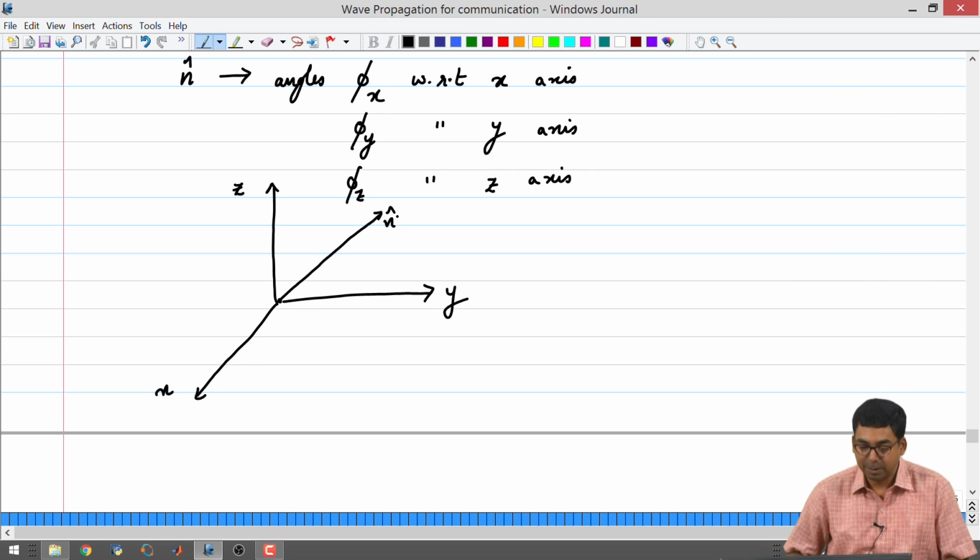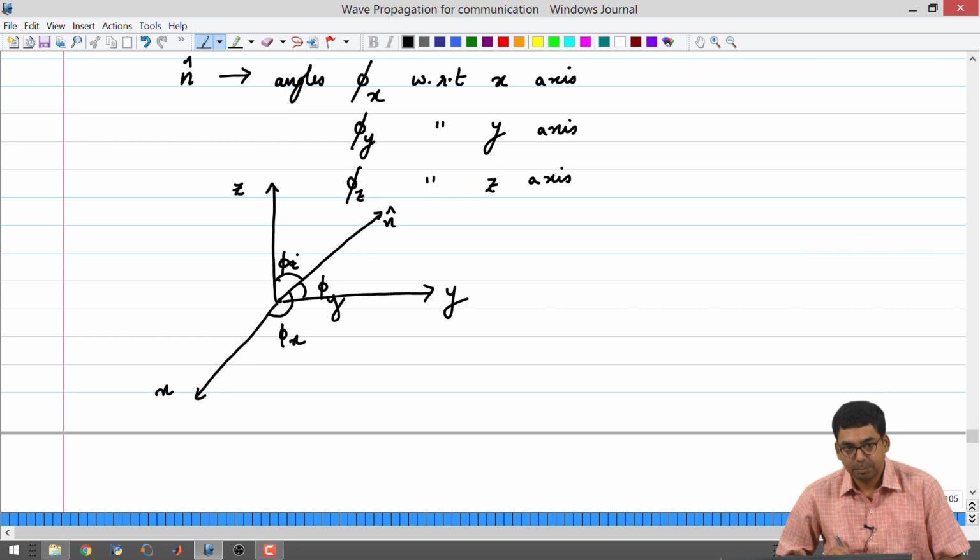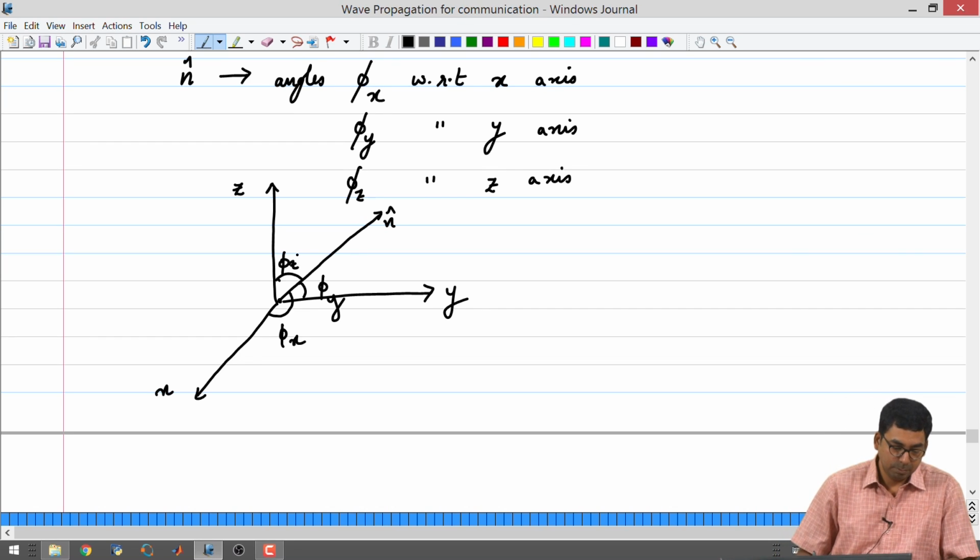I am calling the unit vector to be n hat. So, the angle it makes with respect to the x axis, I will call that as phi x. The angle it makes with respect to the y axis is phi y, right. With respect to the z axis, say phi z. Okay. And I will mark the origin, say with some letter O.